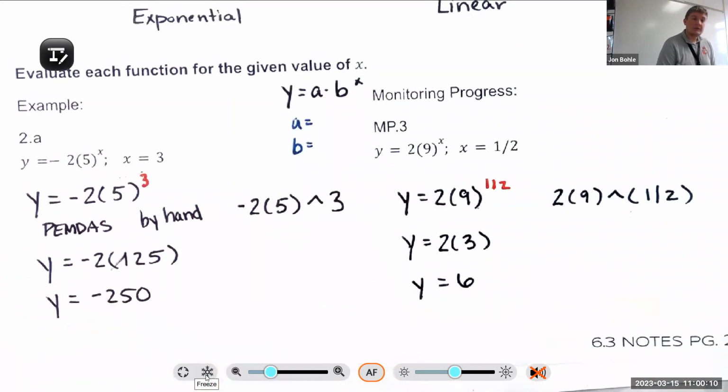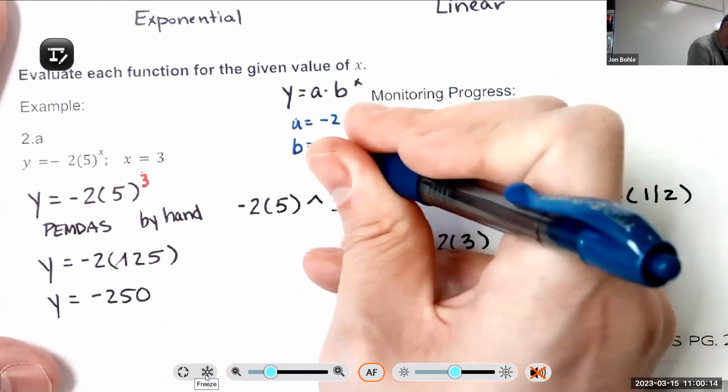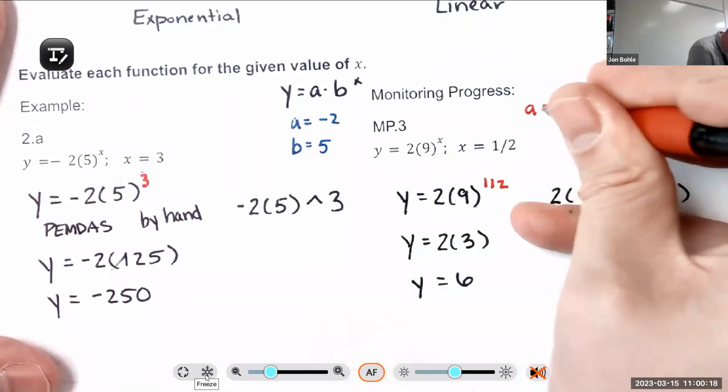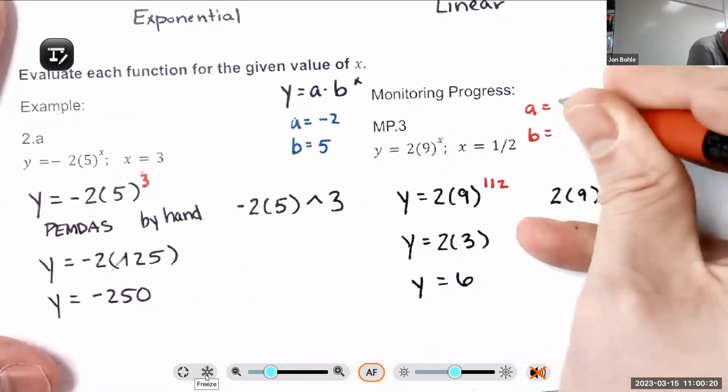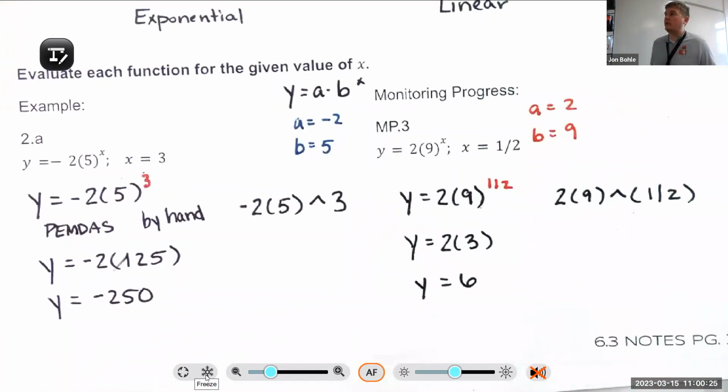What number's in the b position? -2 is a. 5 is b. Okay, what about for this one here? What's my a value? And what's my b value? We're going to deal a little bit with that, it'll just be necessary for moving forward.